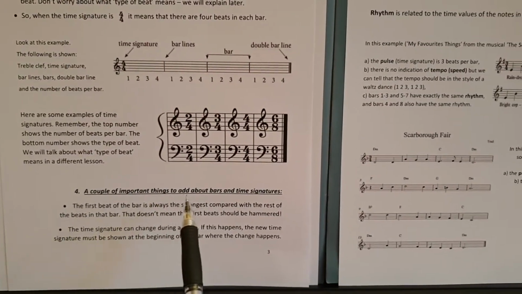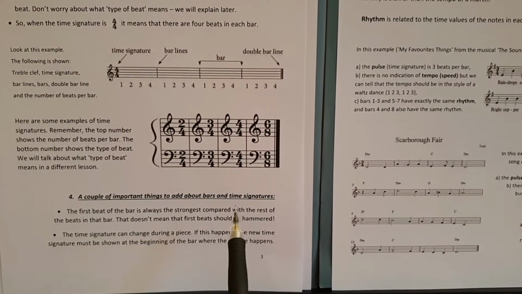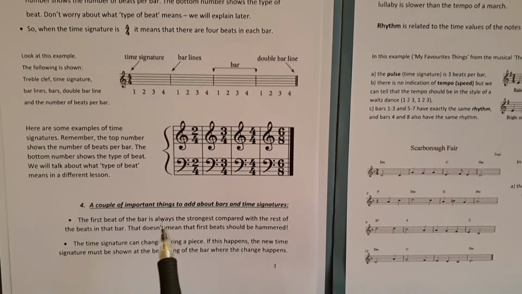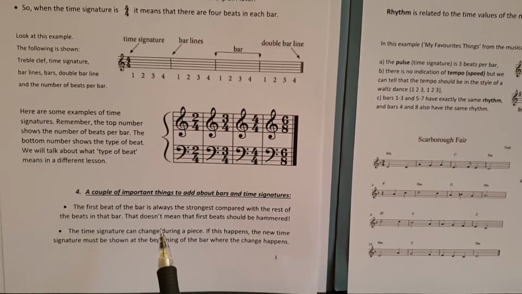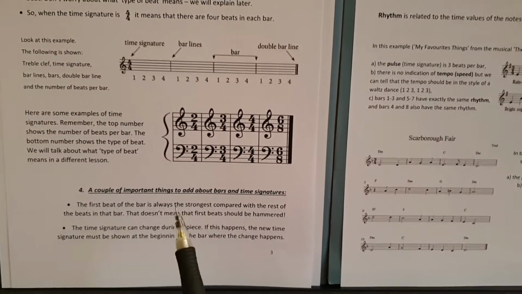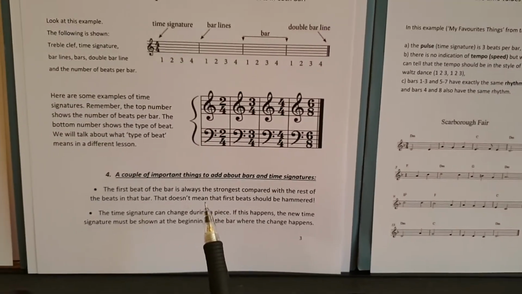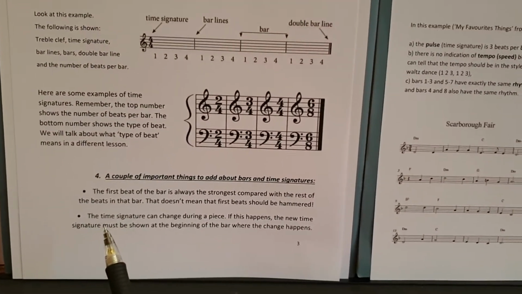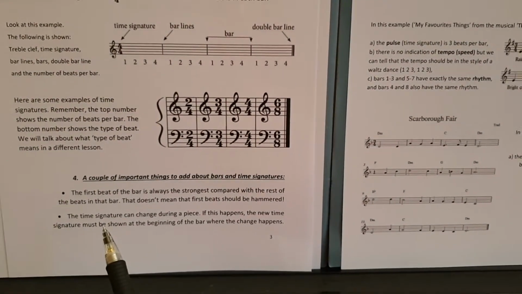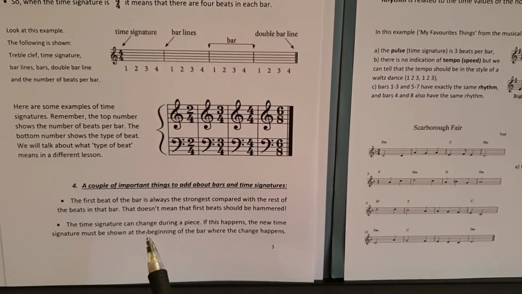A couple of important bits to add about bars and time signatures. Read this too, of course. We tend to put a little bit of an accent on the first beat of each bar, but please don't bang the first beat of the bar, okay? And also, it's worth noting that it is not necessary for a piece to have the same time signature throughout.